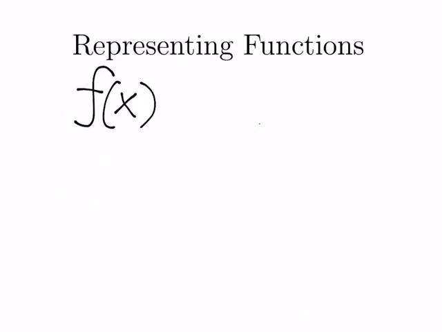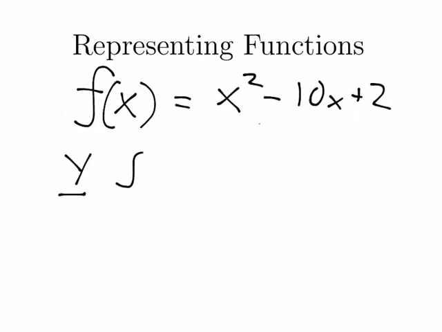So if I said this function of x was equal to, let's say, x squared minus 10x plus 2, if I wanted to know what the y value was at any point, I would just find the function at that point. Instead of looking it up in some table, I can just plug in an x value and calculate out the y value.